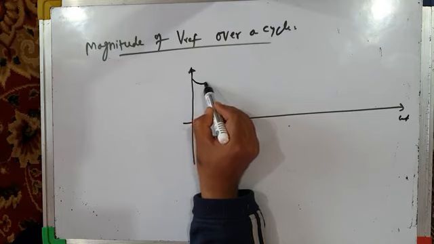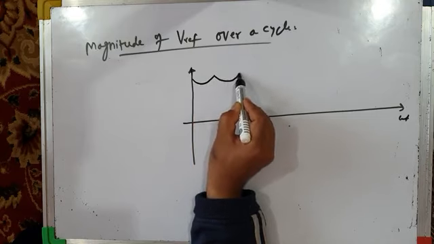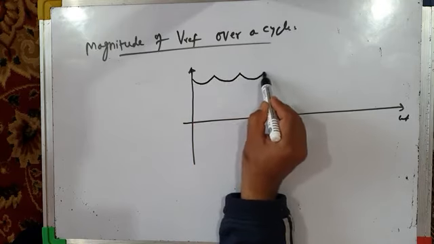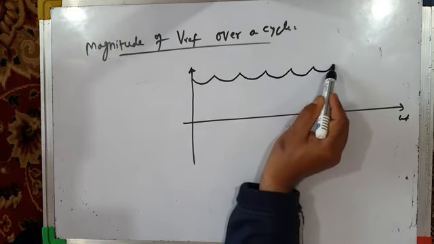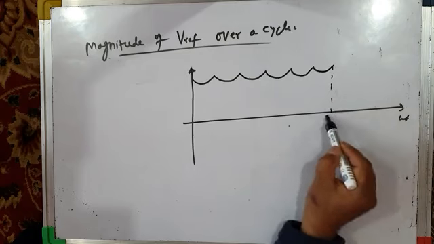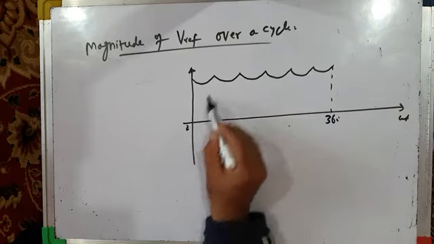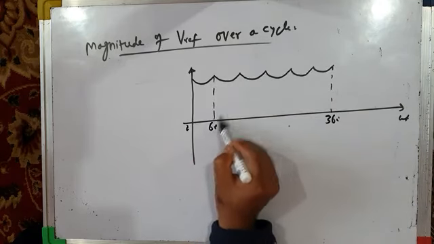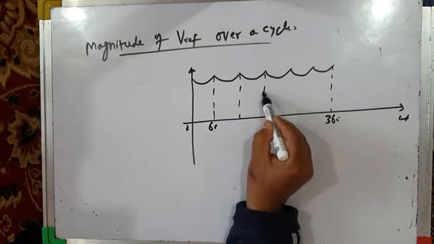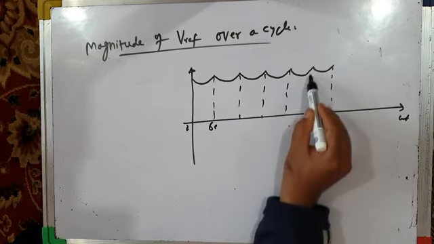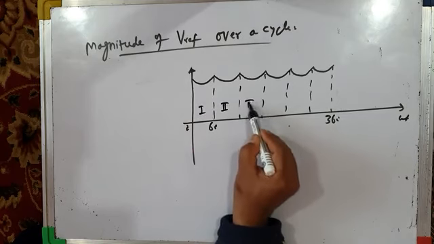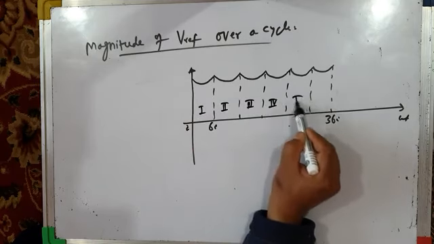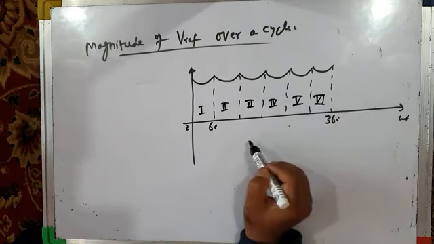It will increase like this. Sector 1, Sector 2, Sector 3, Sector 4, Sector 5, Sector 6. This is 360 degrees. This is 0 degrees. This is 60 degrees, 120, 180, 240, 300.